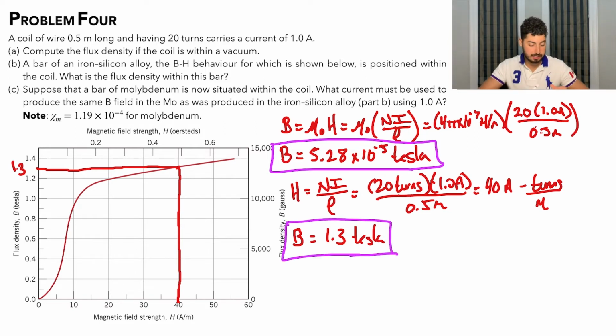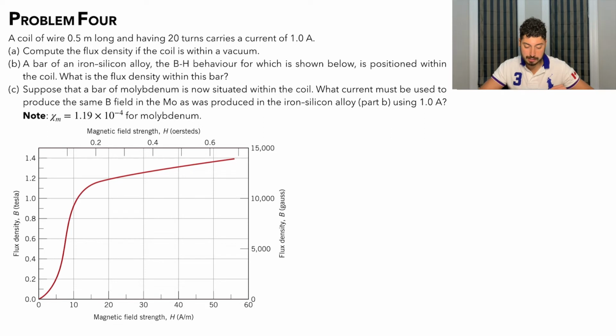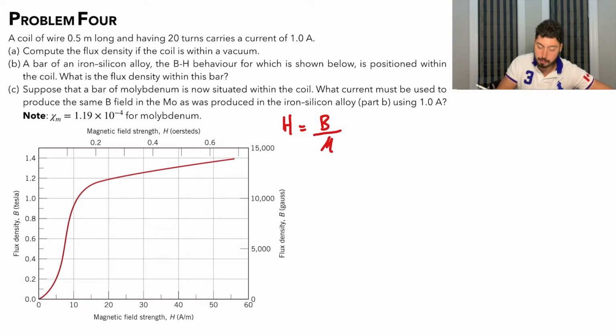And finally, part C says, suppose that the bar of molybdenum is situated within the coil. What current must be used to produce the same flux density in the molybdenum as was produced in the iron silicon alloy in part B using 1 amp? So what we have to do first is calculate our magnetic field strength. So H is equal to our flux density divided by our permeability. However, we're not given the permeability.